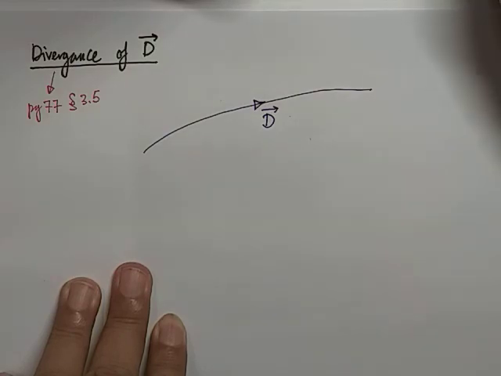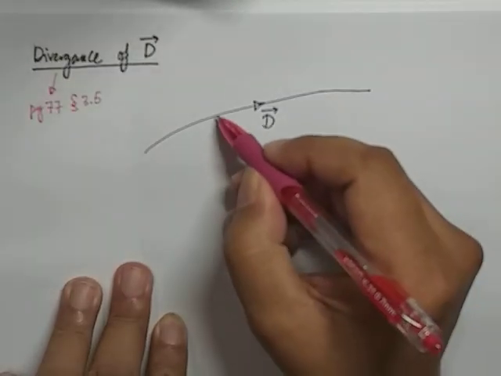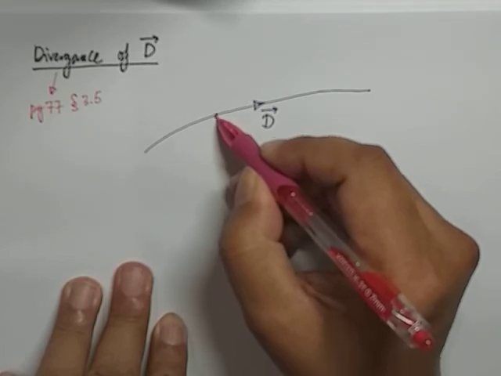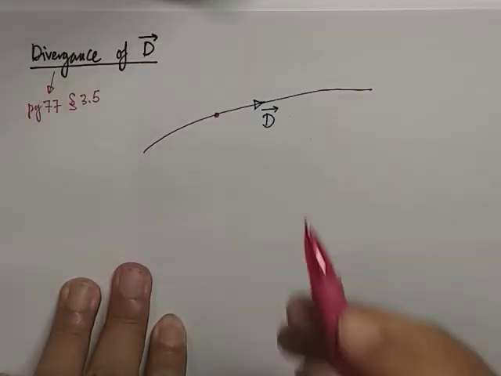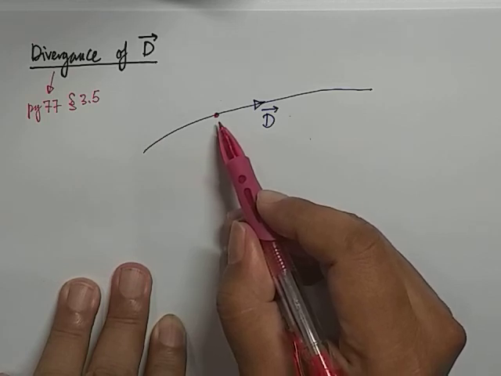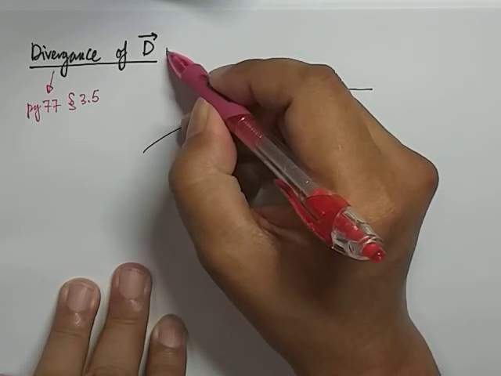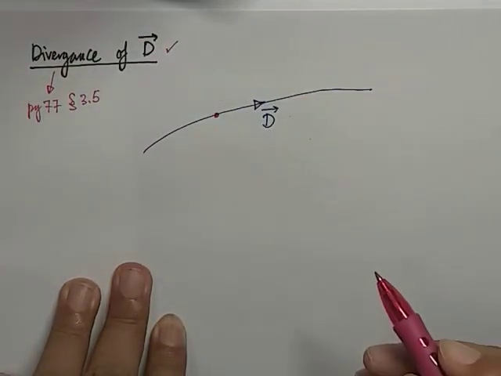What we want to do here is some sort of mathematical model analysis at the point dot here. The mathematical model that we want to use in this particular analysis is known as the divergence model.